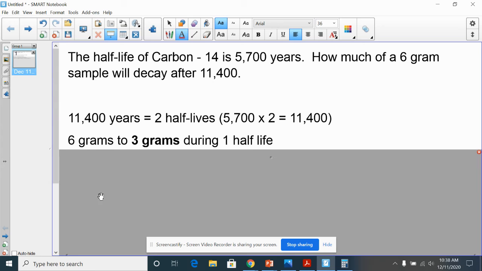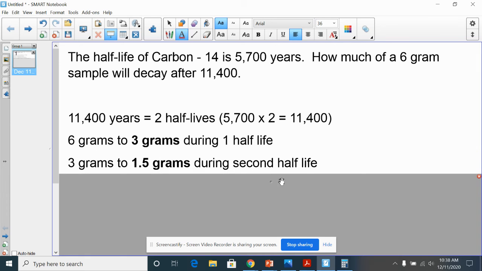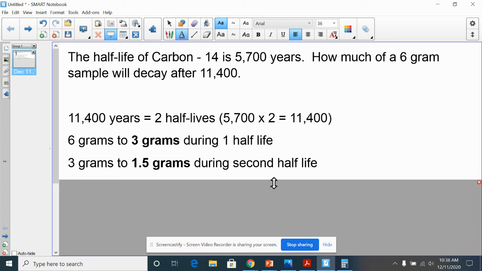We know that if we take 6 grams and divide it in half, we have 3 grams. That is how much sample we have left during that 1 half-life. So when we go through 1 half-life, we have 3 grams left, right? If we go through 2 half-lives, we would take our 3 that we had remaining after the 1 half-life and divide it in half again. That would give us 1.5 grams during our second half-life.